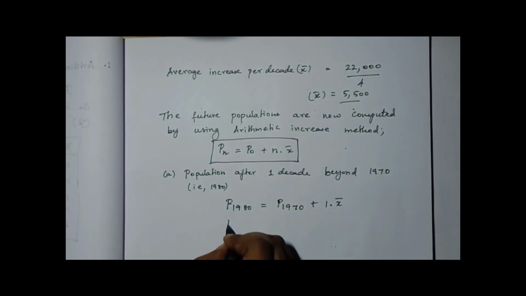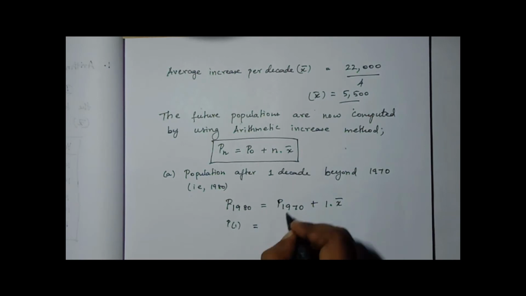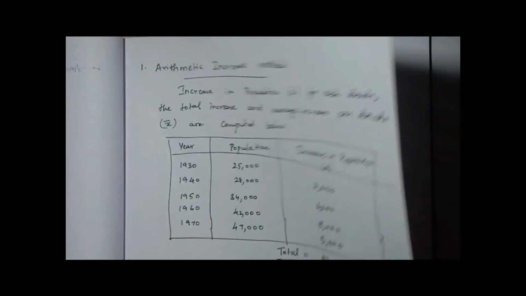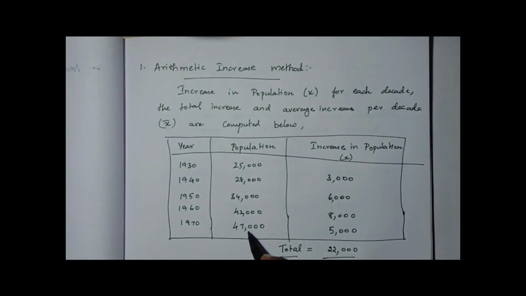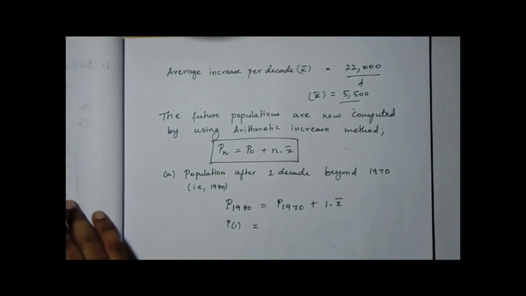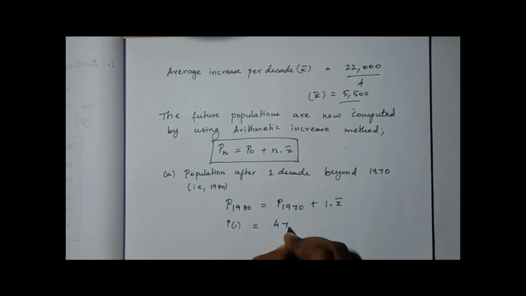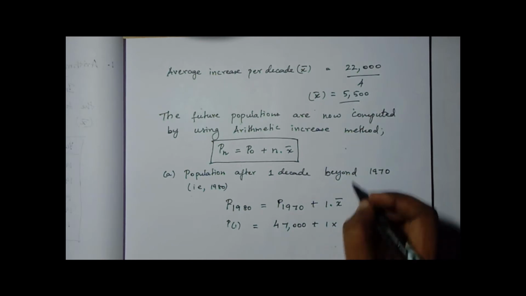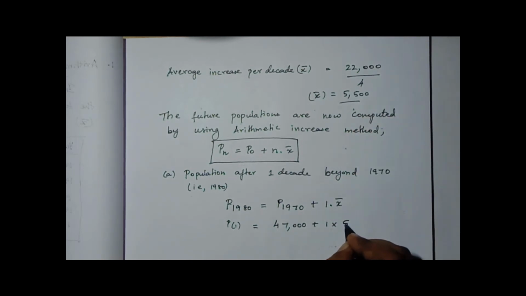We can also put it like this: the first decade, P1, is equal to P 1970. We had the population strength as 47,000. So we mention 47,000 plus 1 into x bar, which we found as 5,500.